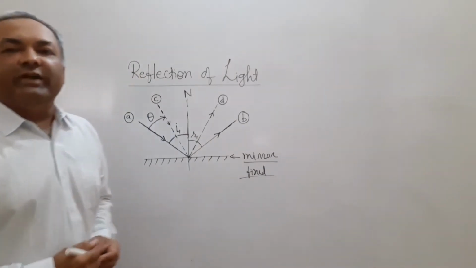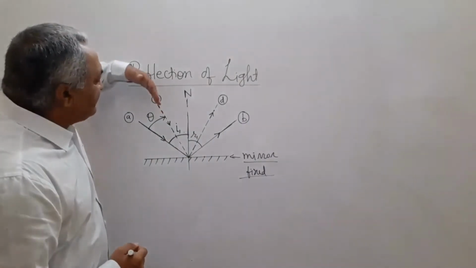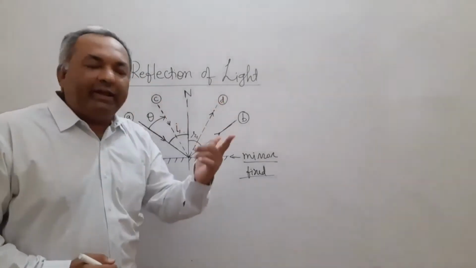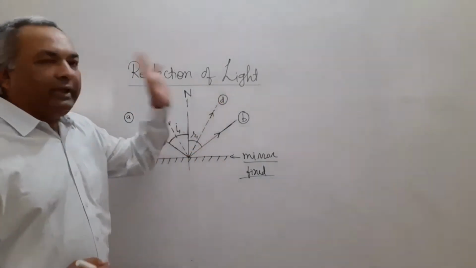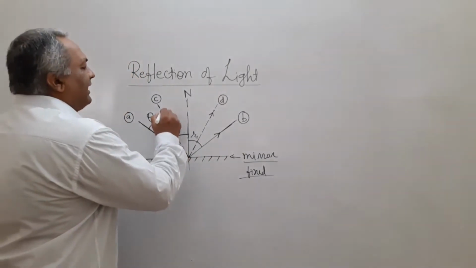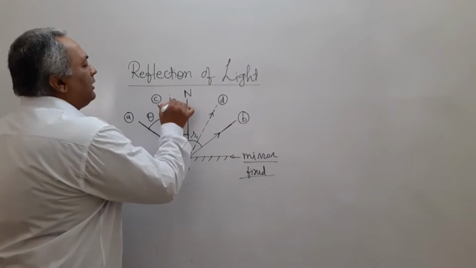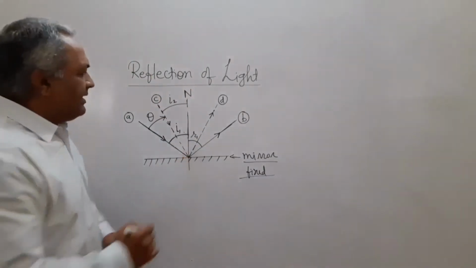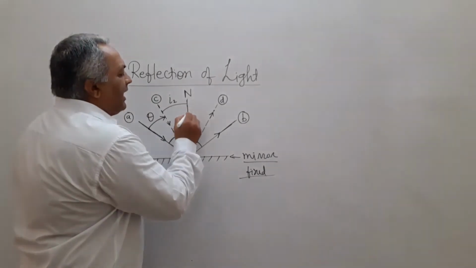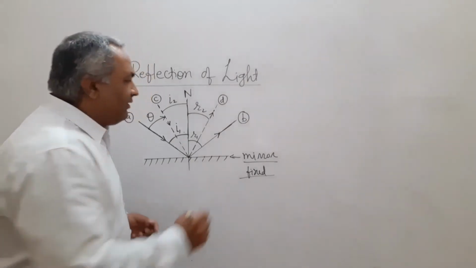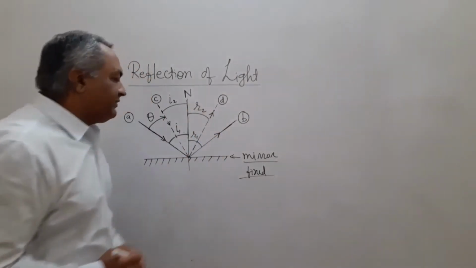The new incident ray now is the ray C shown here, and therefore the new reflected ray will be the ray D. Suppose that this angle I2 is the angle of incidence for the second case, that is ray C, and this angle R2 is the angle of reflection for the second case.